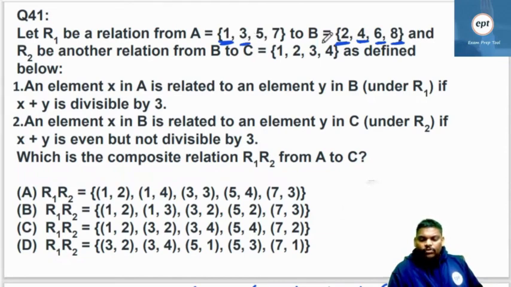Go to 3. 3, 2: no. 3, 4: no. 3, 6: no. 3, 8: no. Go to 5. 5, 2, 7: no. 5, 4, 9: no. 5, 6, 11: no. 5, 8, 13: no. But not divisible by 3. Can you help me? What is R2?